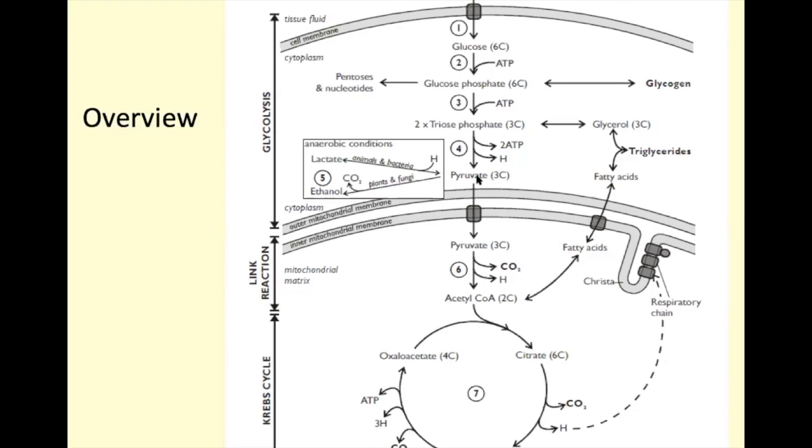Now, I don't want to spend too much time talking about anaerobic, but it's worth pointing out that in anaerobic respiration, we form lactate in animals and bacteria, and ethanol if we're plants or fungi based. And that's going to occur in the cytoplasm. All of this next bit here that we're going to look at is dependent on there being oxygen here at the electron transport chain.